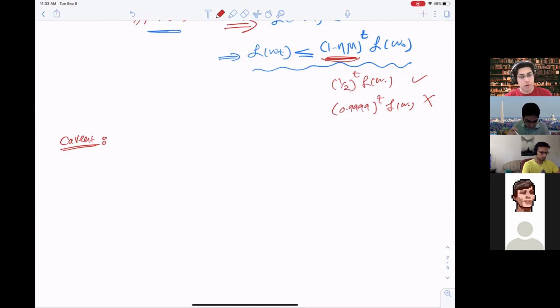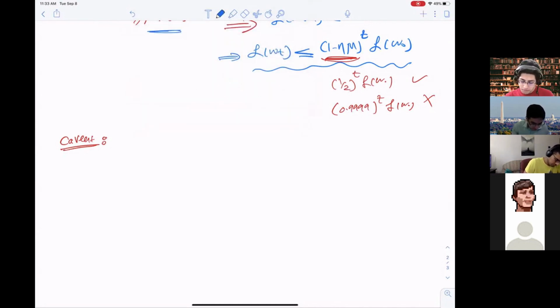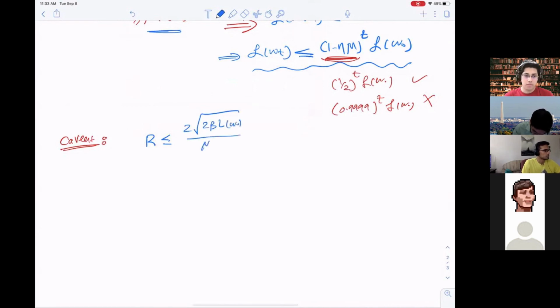Remember the radius of the ball that we stated: a ball with radius less than or equal to 2 times the square root of 2 beta times the loss at w0, over mu. Basically our ball is all w's whose distance to w0 is less than or equal to r.